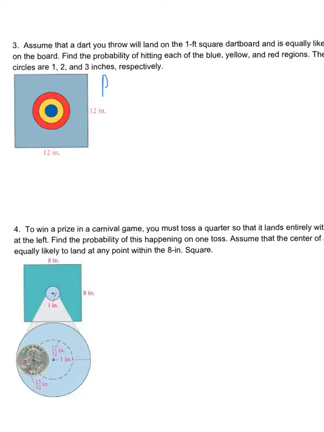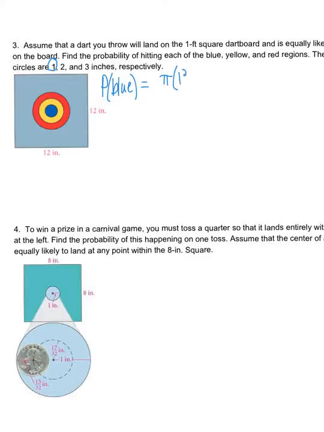Let's talk about the probability of hitting the blue region first. That's going to be the area of the blue region, which looks like it's a circle, and it says that its radius is 1 inch. So we need the area of that circle for the numerator of our fraction. It's going to be pi r squared.